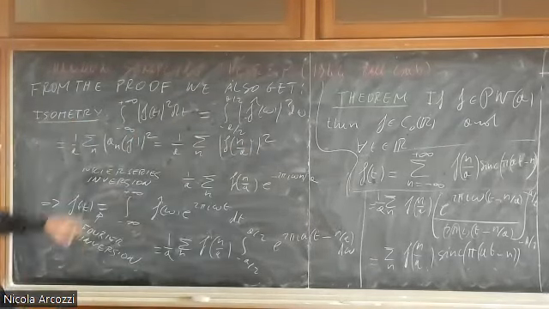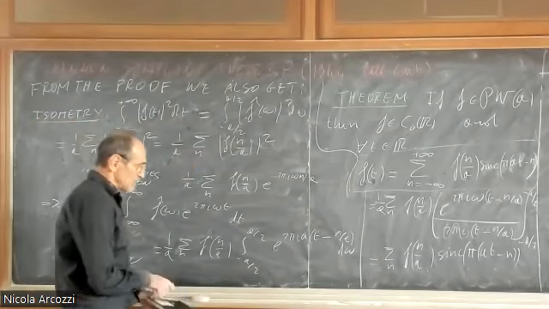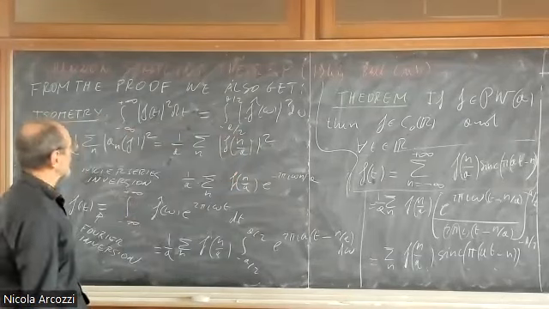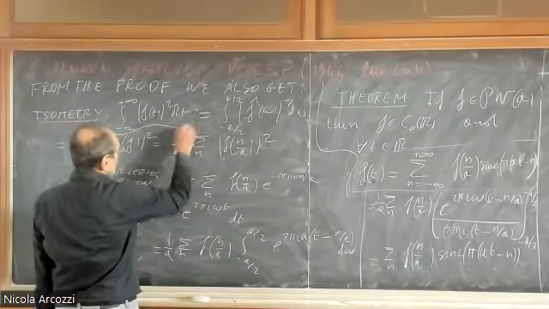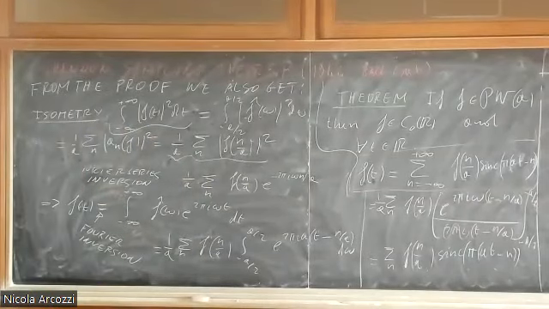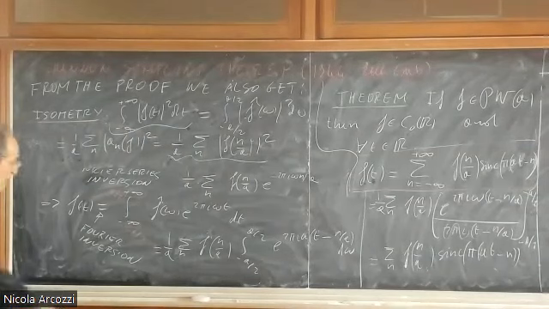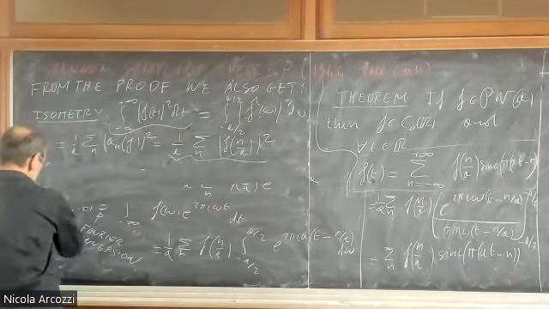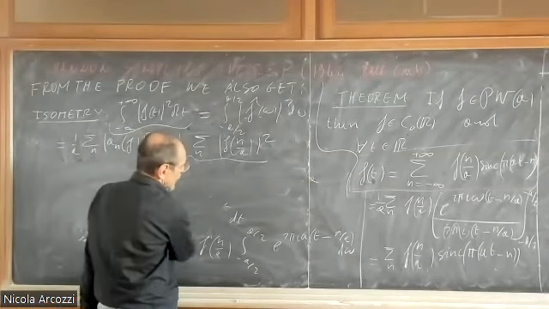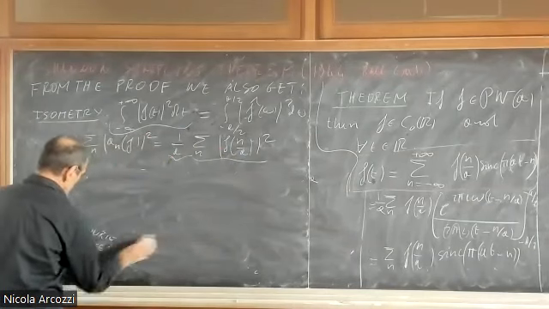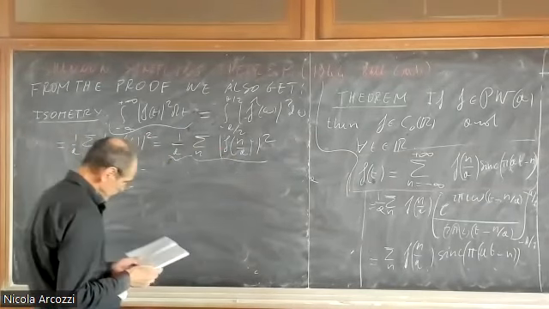And if you read the beginning and the end, it looks like a miracle that not only can we reconstruct f from its samples, but the L2 norm of f is exactly like the little l2 norm of the samples. So we get the isometry relation.